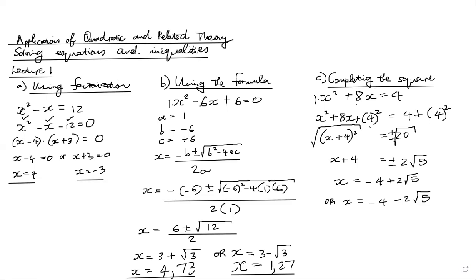Once again, the examiner could ask you for the answers in terms of decimal points. So let's say this time they asked for 4 decimal points. Let's see if we all get the same answers. So it's negative 4 plus 2 square root 5. And that will give us, to 4 decimal places, 0,4721.